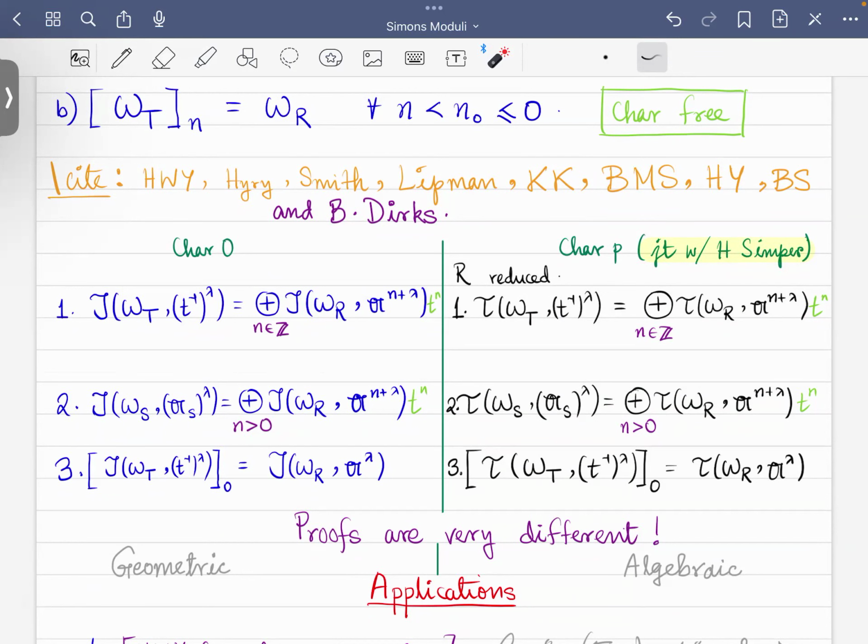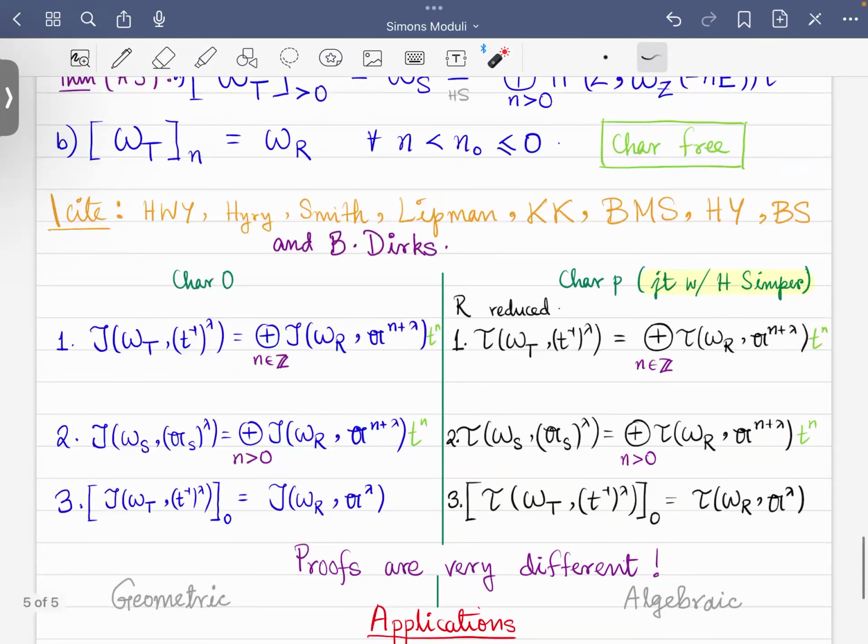Before I explain the theorems, I should cite that similar kinds of decompositions appeared in the literature under various setups. For example, Hara, Watanabe, Yoshida, Hyry, Karen Smith, Joseph Lipman, Kunihiko Kotal, Budur, Mustață, Saito, Hara, Yoshida, and Budur, Saito.